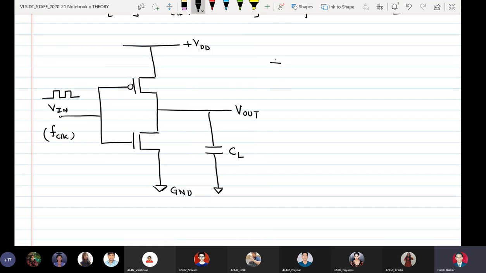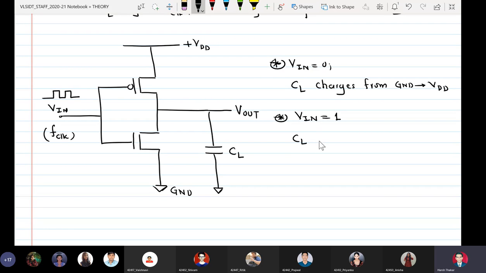So here we can say that when V in equal to 0, CL charges from ground to VDD, and when V in equal to 1, CL discharges from VDD to ground.